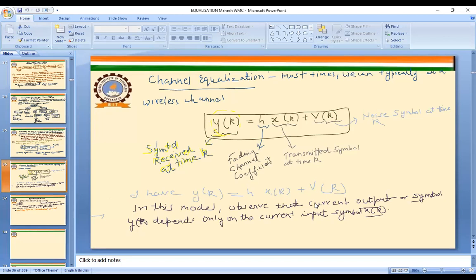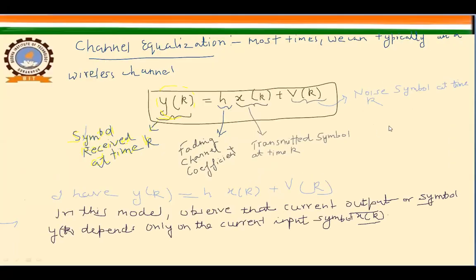The fading coefficient also plays an important role, because the channel is the most important characteristic. It is not only filtering, but also adding noise.